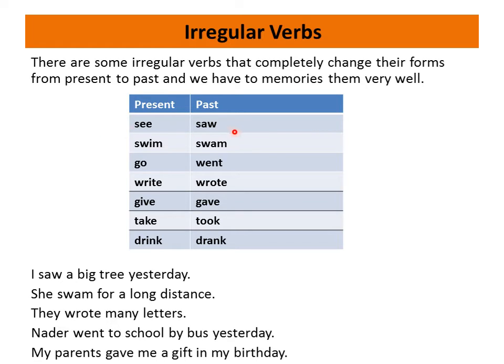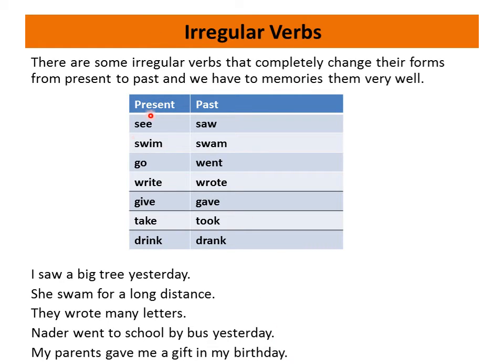The spelling changed. For example, I saw a big tree yesterday. I can't say I seed. No, I saw. She swam for a long distance. They wrote many letters. Nader went to school by bus yesterday. My parents gave me a gift on my birthday.